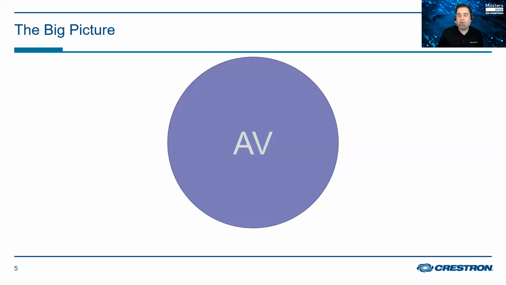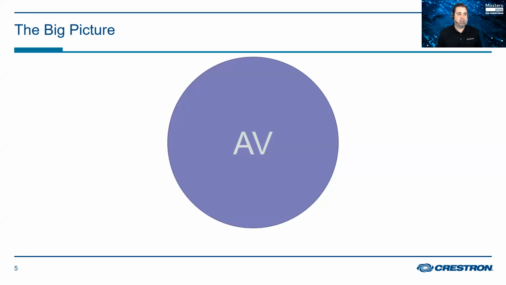We are in the AV industry, and what that means has certainly evolved over the past decades. We went from simple slide projectors to controlling the slide projectors, then moving video around, and then adding automation into the mix and some environmental controls. So we certainly have expanded over the years what AV means.